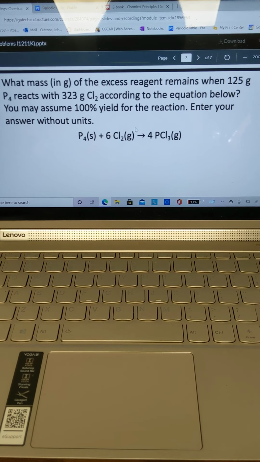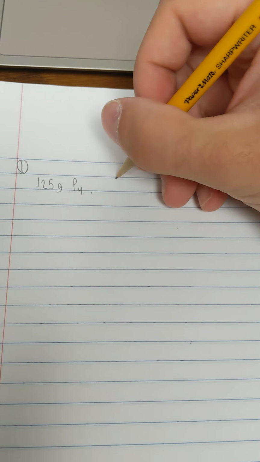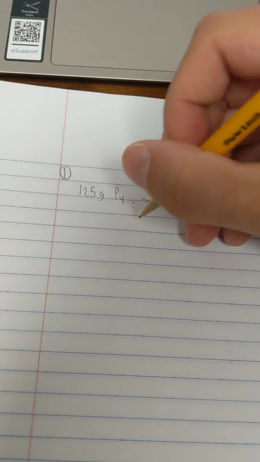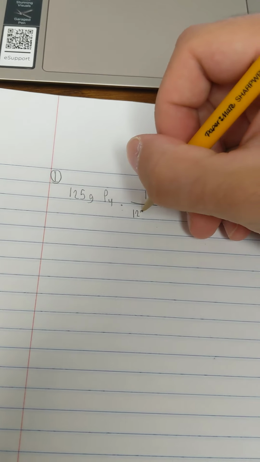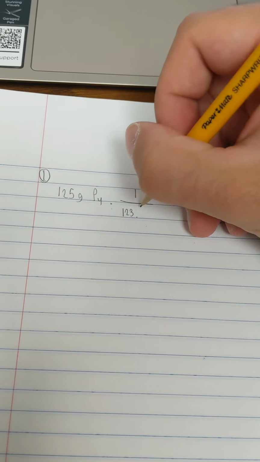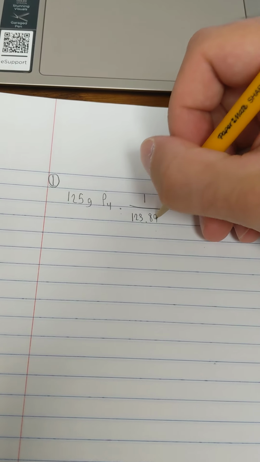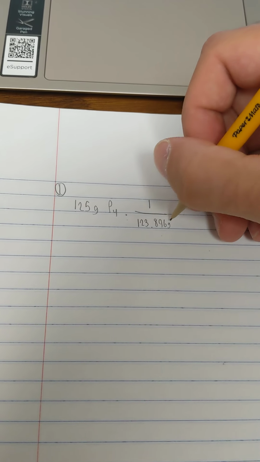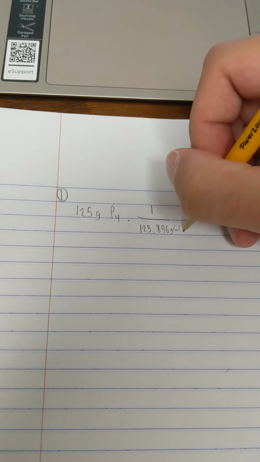Okay, so the way that we start this is we have 125 grams of P4, and we want to divide it by the molar mass, as you know, so I'll spare you the time, and it's 123.896 grams per mole of P4.